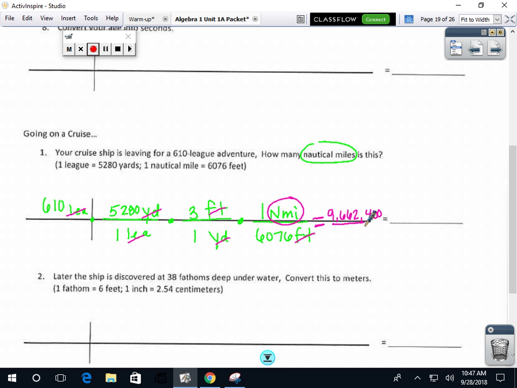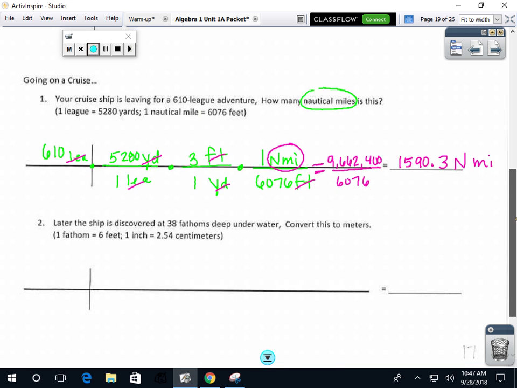Okay, and that is leagues converted over to, well, nautical miles, but you're not finished till you divide by this. And what do you get? Right. Y'all are both right. 1,590.3 nautical miles is how long the trip will be.